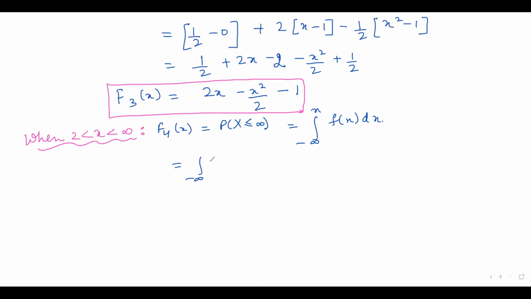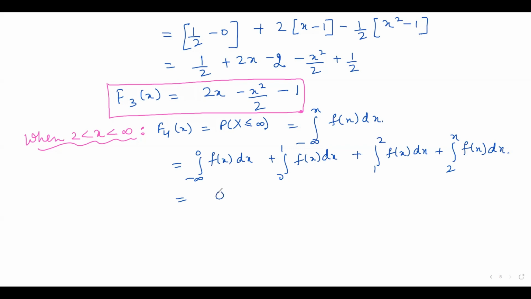Now splitting it as minus infinity to 0, 0 to 1, next would be from 1 to 2, and last would be from 2 to x of fx dx. So putting the values, this is 0 as we know. This would be 0 to 1 x dx, 1 to 2 2 minus x dx. Again, this is 0. So on calculating this, the final answer that we'll be getting would be 1.